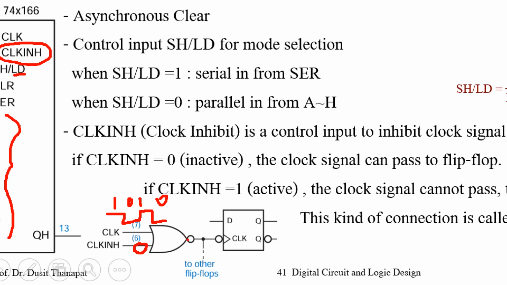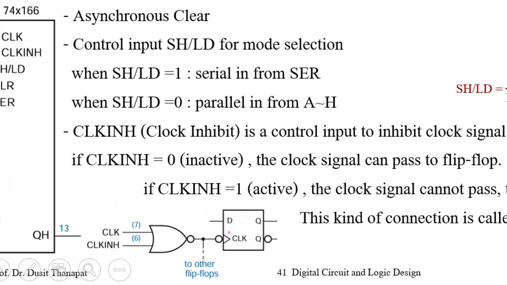That means the output of this is the same value as this one. For this one, there is one input, active low at the output. So the output then becomes 0, 1, 0, 1: low, high, low, high. So there is a positive edge or negative edge here. That means this signal can be used as the clock to take this one.